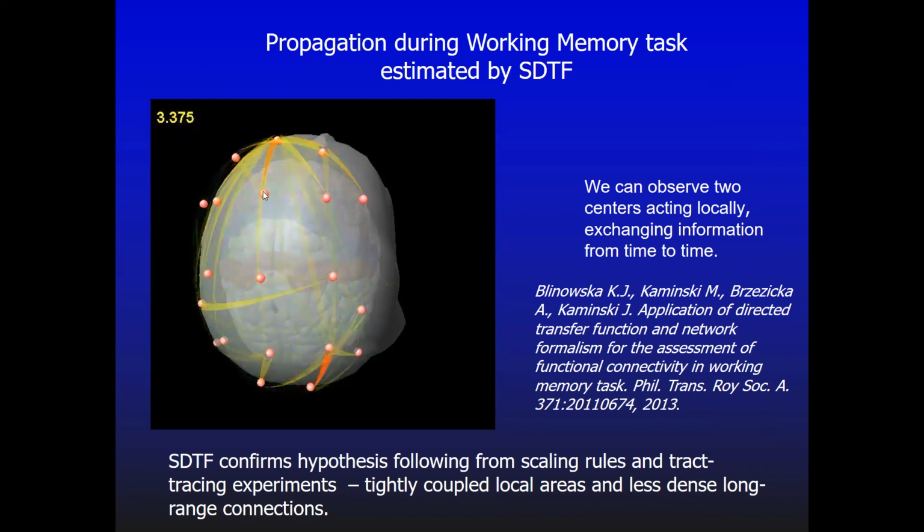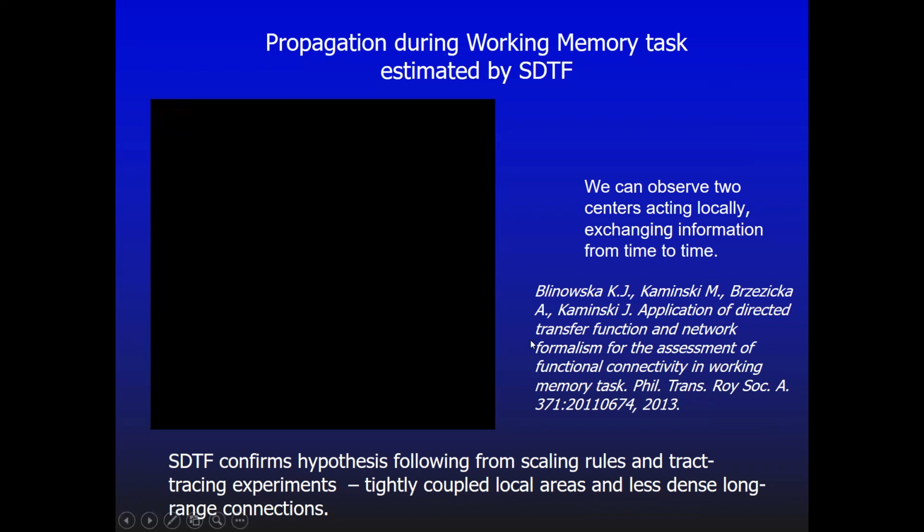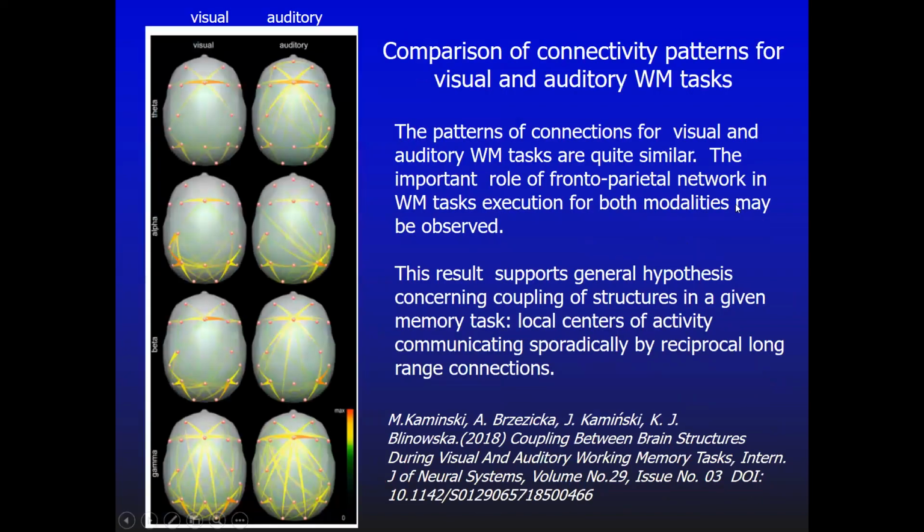So sometimes it's from the front to the back, or sometimes it's from the back to the front. So we can observe two centers acting locally, exchanging information from time to time. In this way, SDTF confirmed the hypothesis following from scaling rules and tract tracing experiments of tightly coupled local areas and less dense long-range connections.